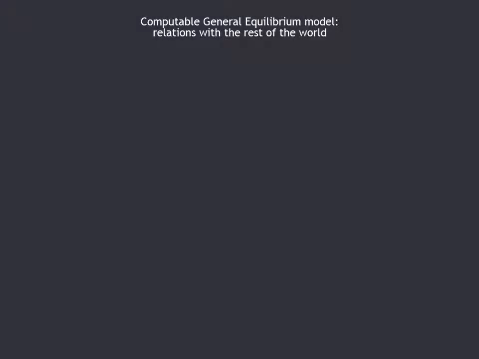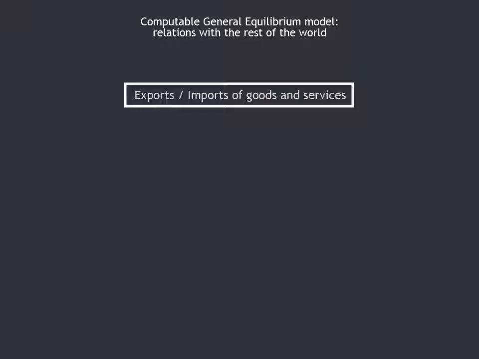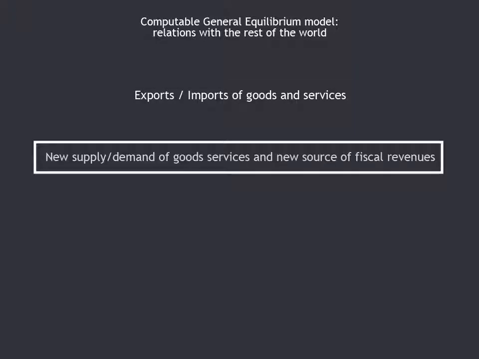So, how will trade relations with the rest of the world modify the computable general equilibrium model that we have designed until now? There are several consequences. The first one is that we have something new, which is exports and imports of goods and services. And so this implies a new supply and demand of goods and services.